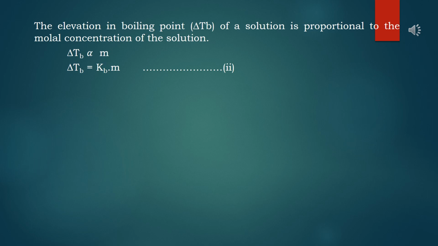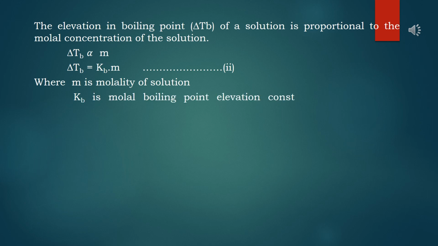Let it be equation number 2, where small m is the molality of the solution and Kb is the molal boiling point elevation constant or ebullioscopic constant. If the molality of a solution is unity, then delta Tb is equal to Kb.